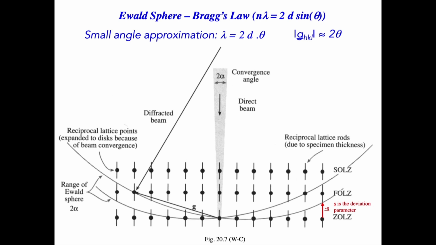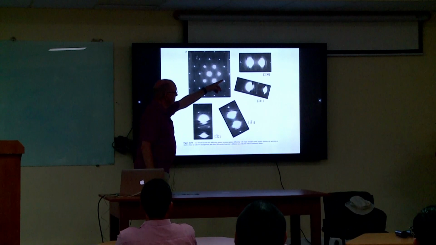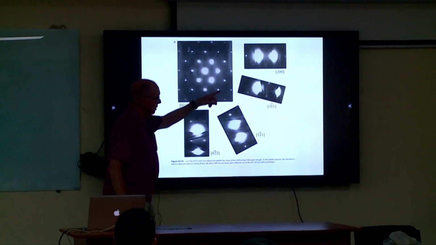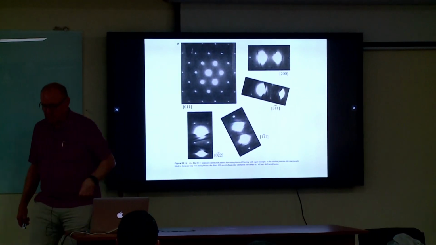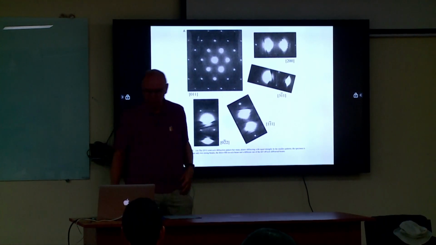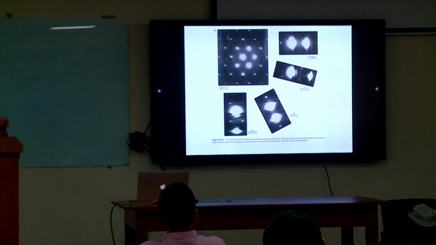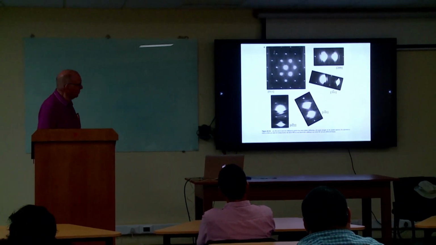The other thing we can do is orient our electron beam down zone, or we can pick out what we'll call two beam conditions. Even though we've got other beams here, we still call this two beam, because we've got two major beams, the zero, the incoming beam, and then the diffracted beam in each of these cases.